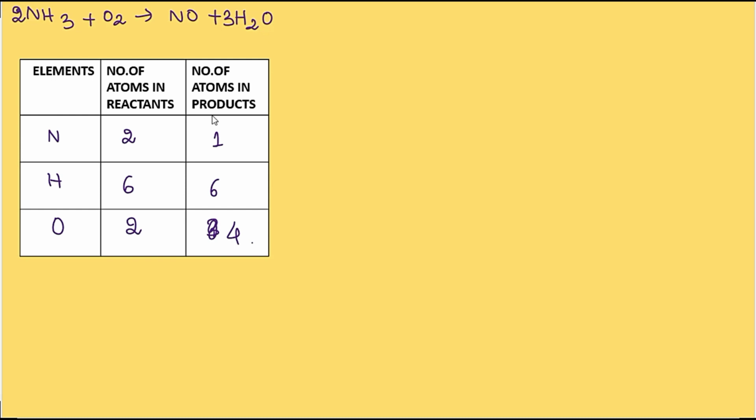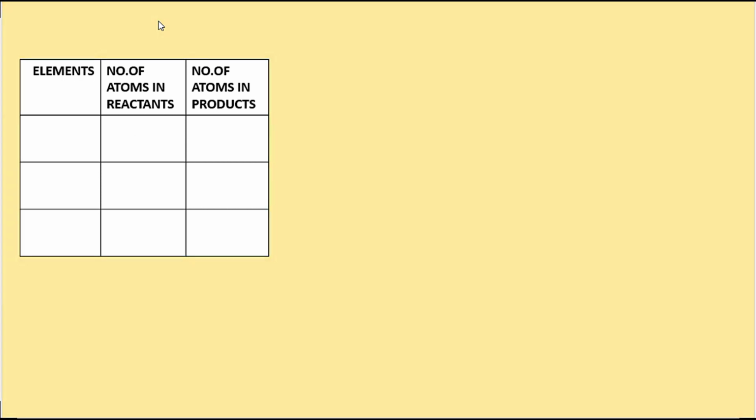So it is clearly seen that number of atoms in product is 1 and for reactant it is 2. So product, if we multiply it with 2, then the number of nitrogen atoms will become equal for both the two sides. Now let's write down the updated equation once again.